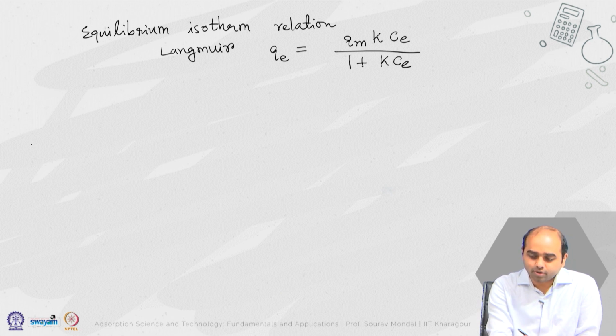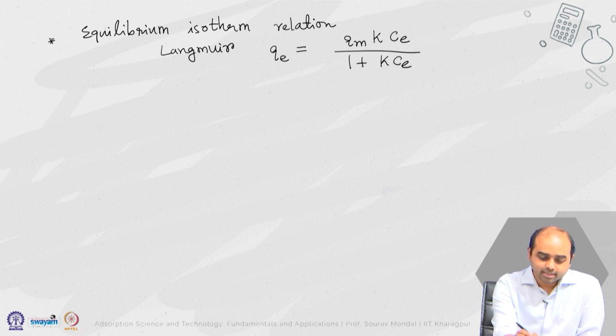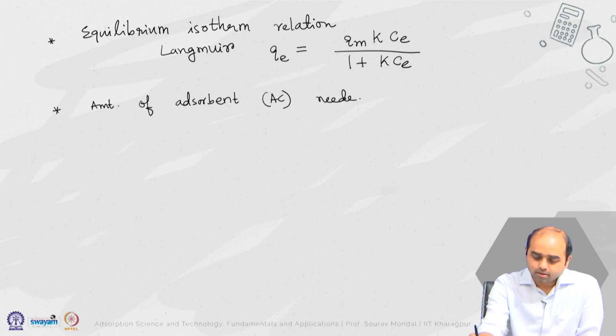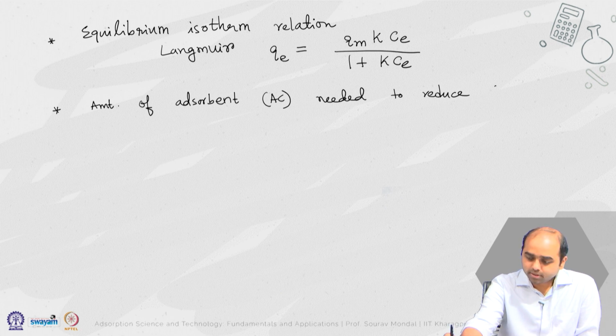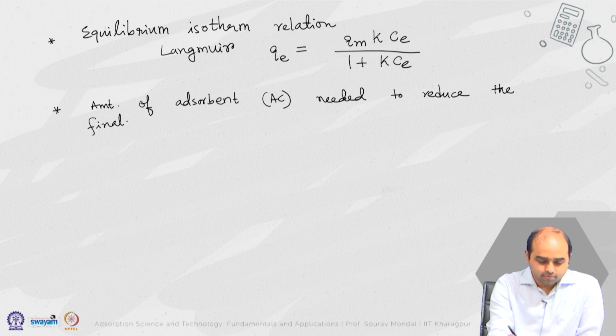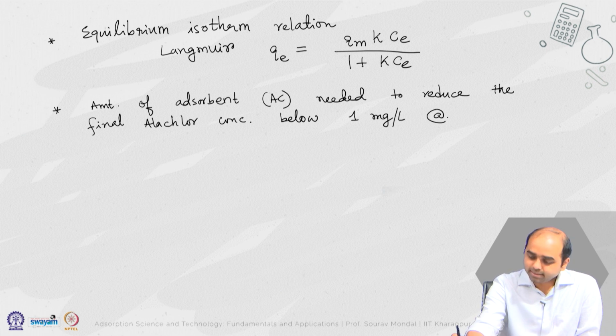So we have to work out these constants, and the second part of the problem is to estimate the amount of adsorbent, in this case the activated carbon, needed to reduce the final alachlor concentration below 1 milligram per liter at equilibrium.